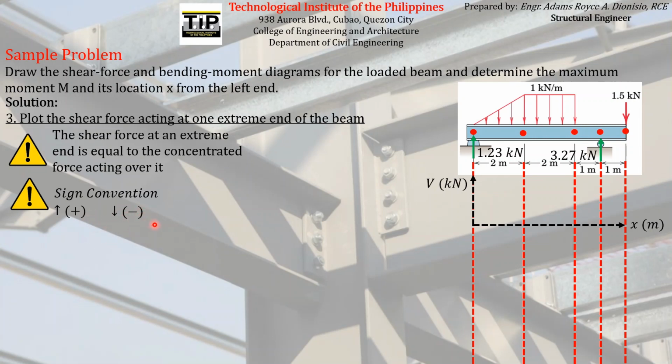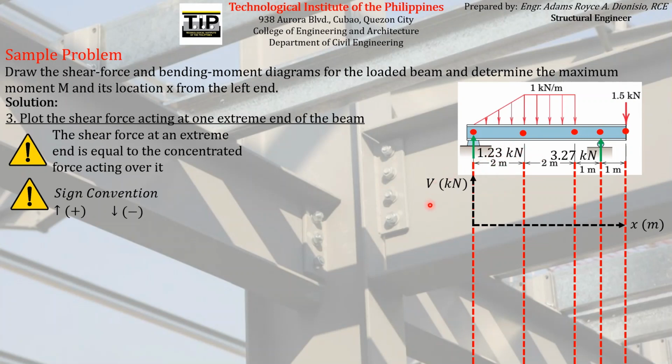Otherwise, it will be marked as negative. So since this is an upward force, we can say that it is a positive concentrated force. So the shear force that results from this concentrated force will also be positive, with a magnitude the same as this magnitude, which is 1.23.